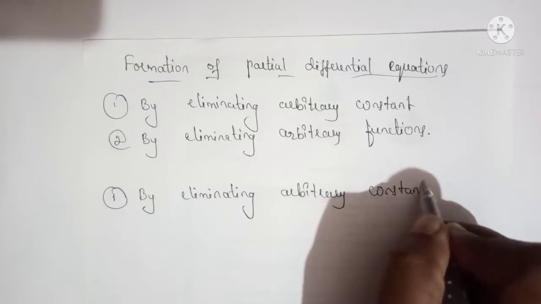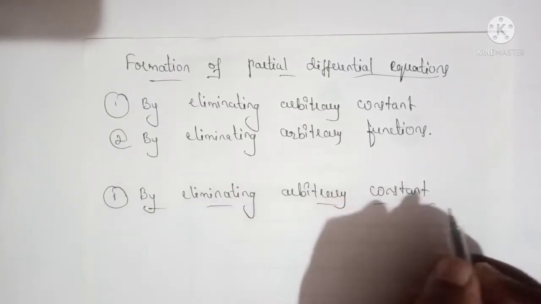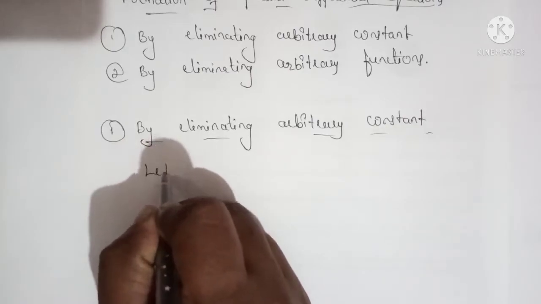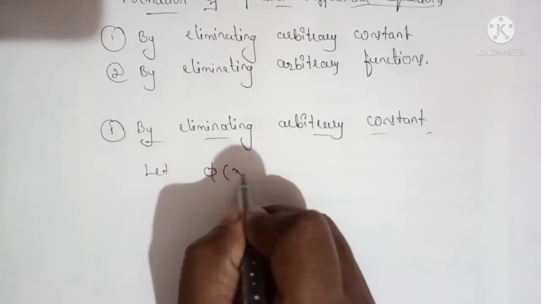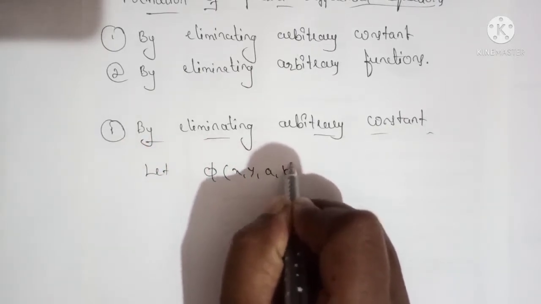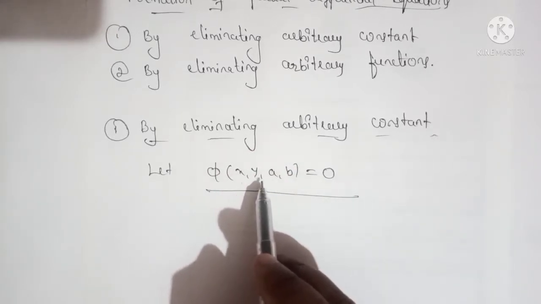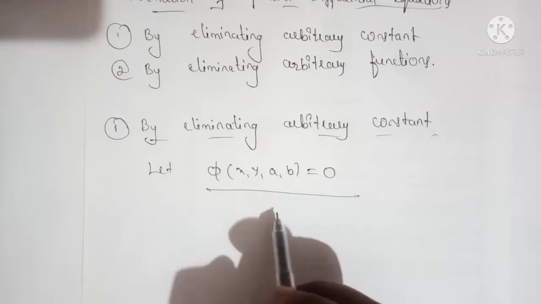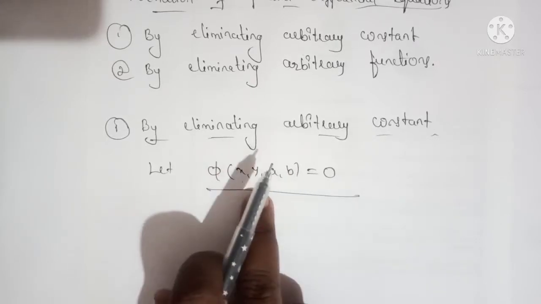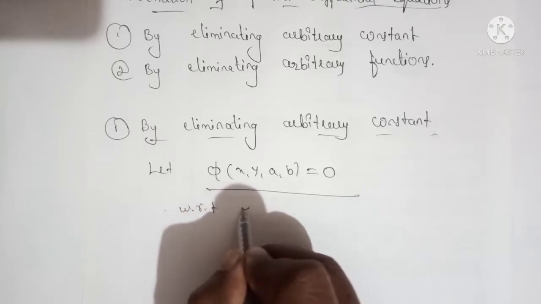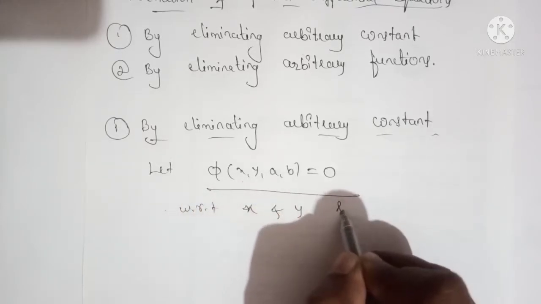In this method we form the PDE by using the given equation which contains arbitrary constants. So let the given equation be φ(x, y, a, b) = 0. It is a function of x, y and a, b, where a and b are the constants. The first step is we differentiate this equation partially with respect to x and y separately.